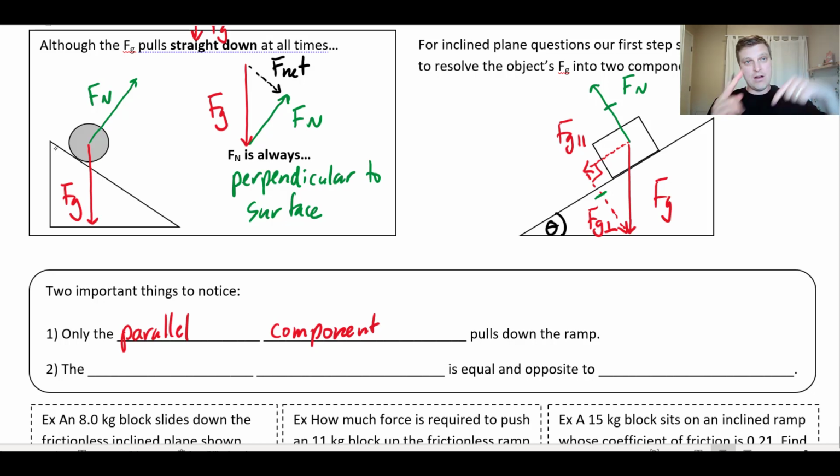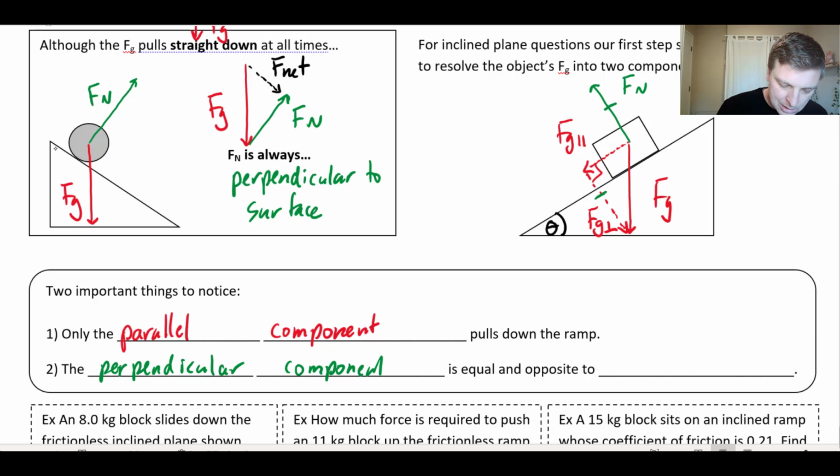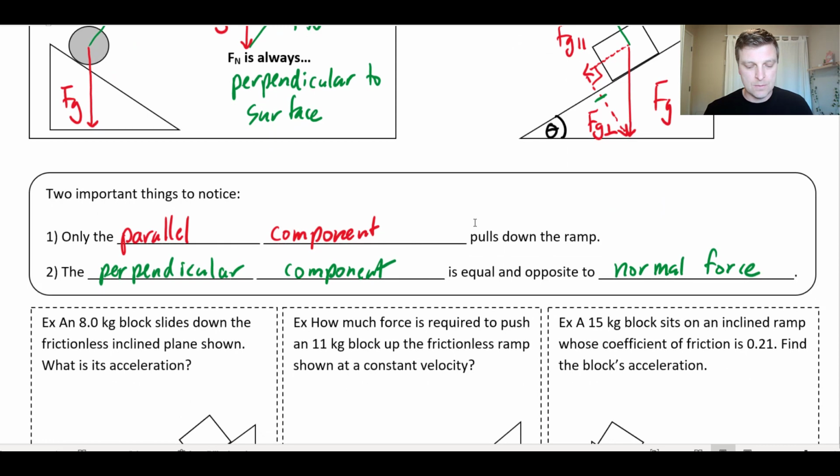Because they're anti-parallel, in opposite directions, the perpendicular component is equal and opposite to the normal force. Okay, so this explains why all of my acceleration is down the ramp, because the normal force is being balanced out by the perpendicular component of gravity and vice versa.